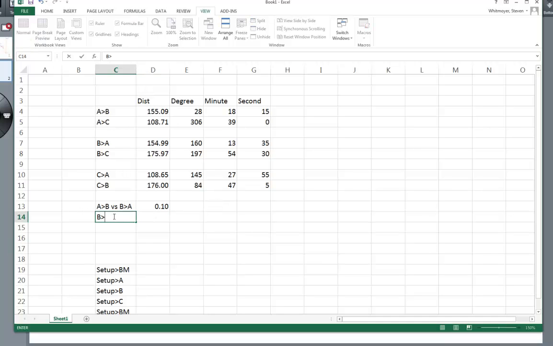From B to C versus C to B, plus B to C minus C to B, we're off 0.03. And then A to C versus C to A, A to C minus C to A, we're off 0.06.